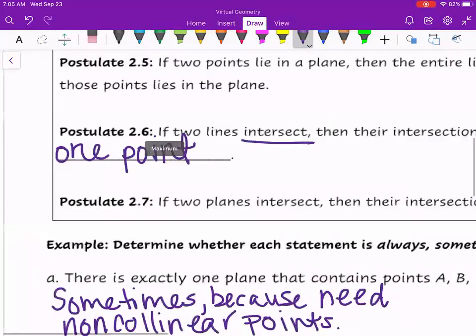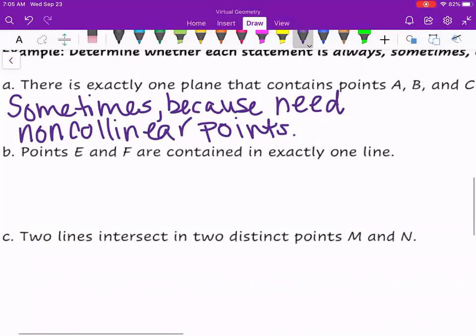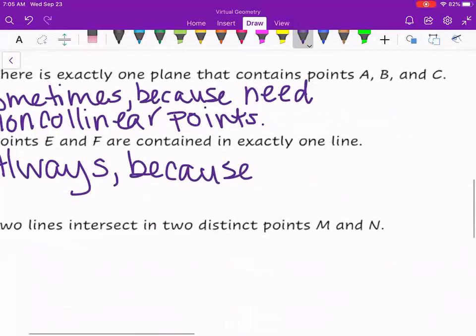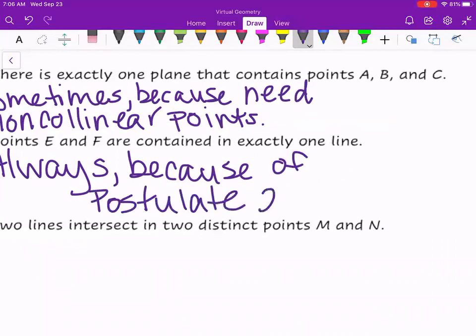That's almost identical to example B, and B just gets more specific with points E and F. So this is always true, because of postulate 2-1.